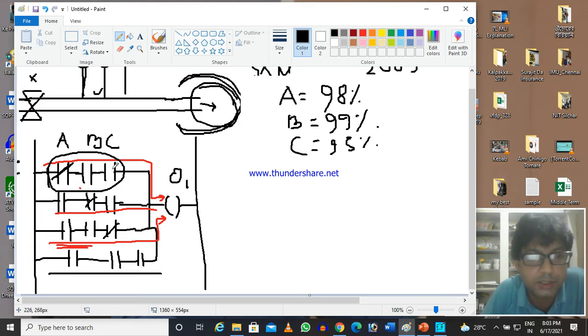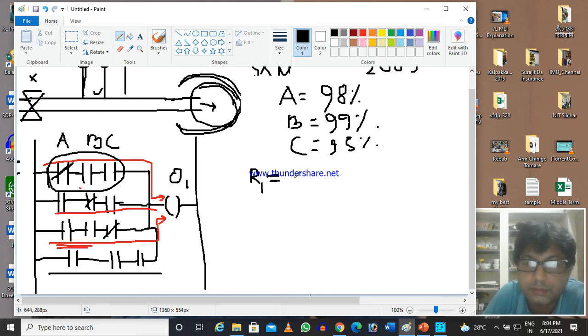Series means, so that first rung. The reliability we know in a series connected system will be multiplied.